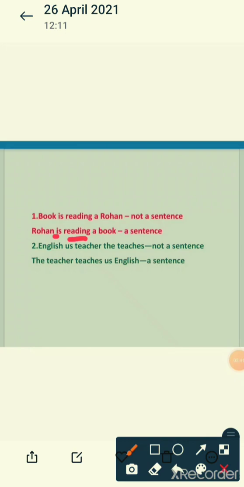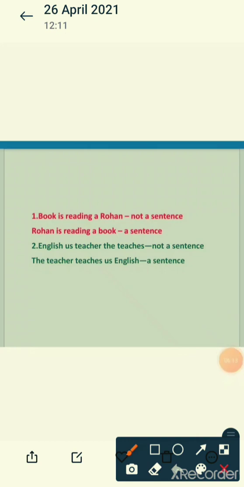Reading is the main verb: read plus ing, because it is written in present continuous tense. So that is why a helping verb, then the main verb follows. After that, a book, the object. The subject, then the auxiliary verb or the helping verb, then the main verb, then follows the predicate or the object. This is the construction of a sentence.